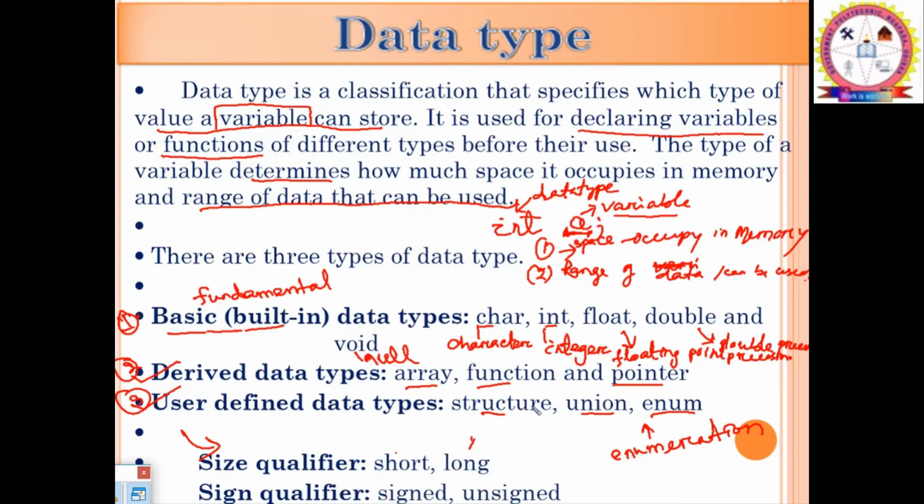And there is the sign qualifier; mainly character and integer can also contain a sign qualifier. So accordingly their range can differ, the range of data values that we can use.